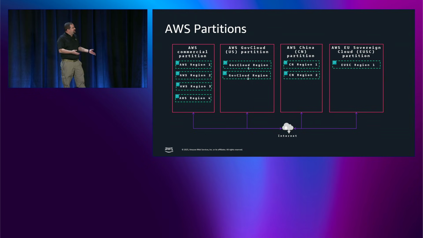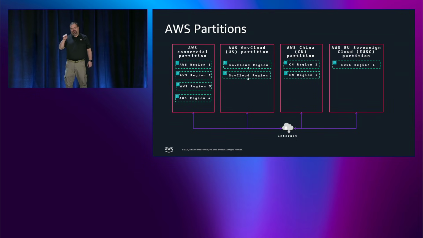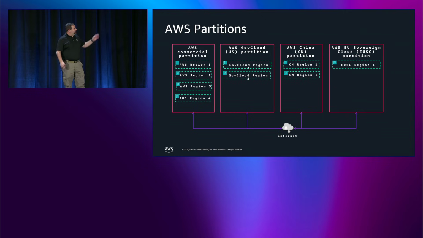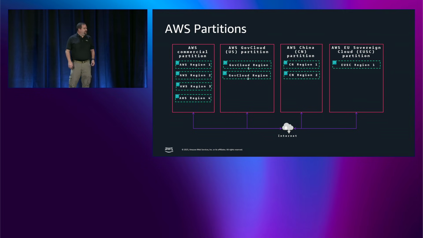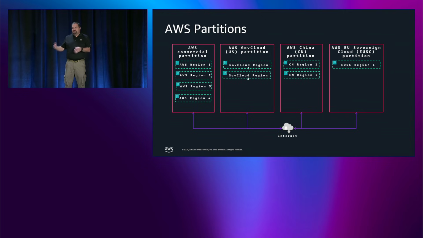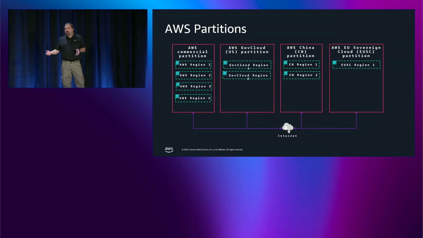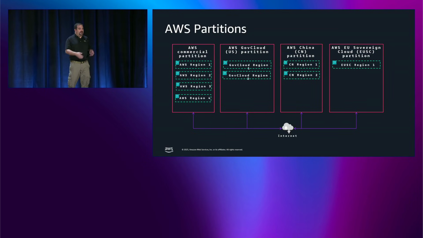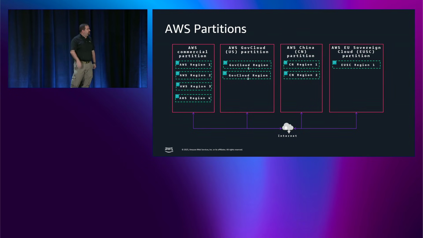That's where most customers live, but we've had multiple partitions for quite some time. There's the US GovCloud partition, which is aws-us-gov. There's the China partition, aws-cn, and the reason we wanted to call this out in this talk is the upcoming EU Sovereign Cloud is going to launch, and that will be its own partition. So a lot more customers will be having to deal with the partition abstraction than before.